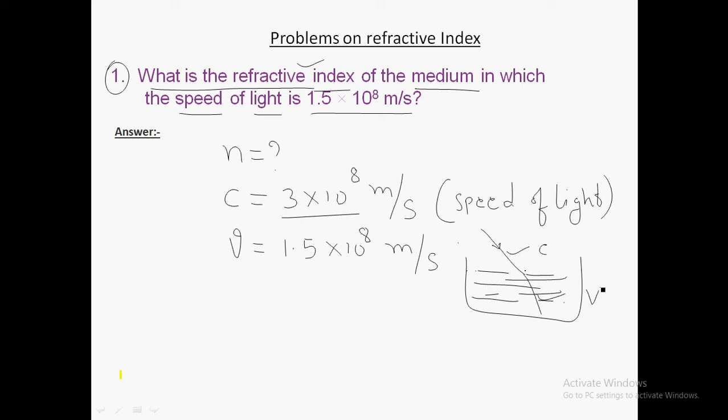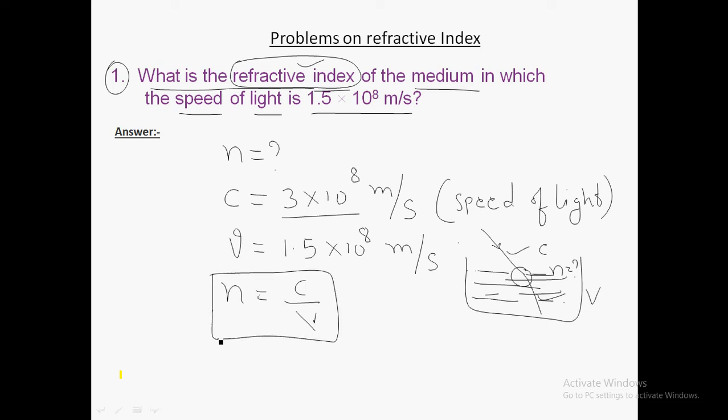Now, how much is it bending? That is N. We know the formula of the refractive index: N is equal to c by v. This is the basic formula.